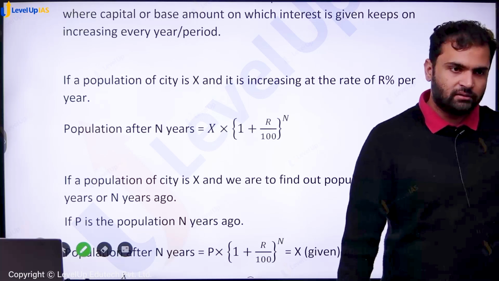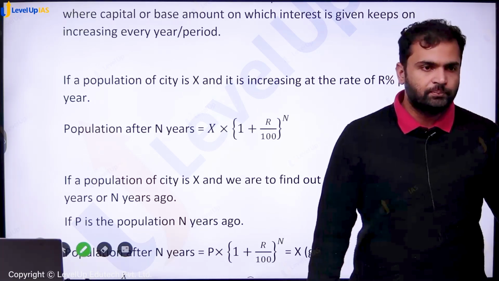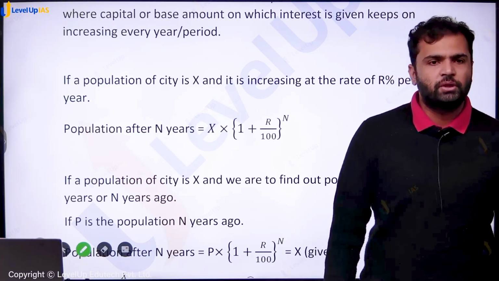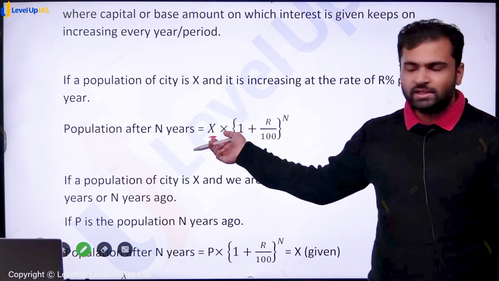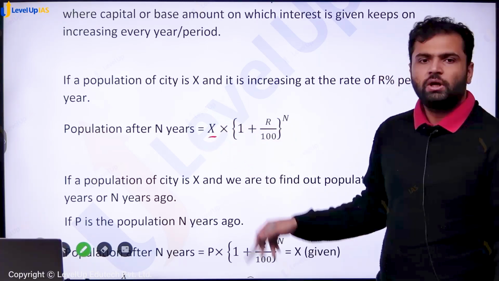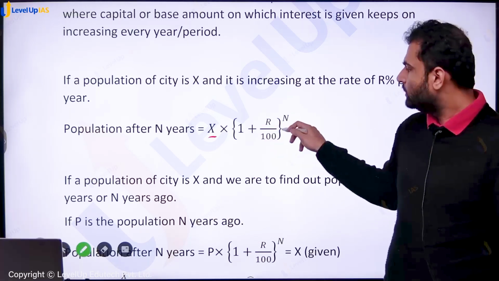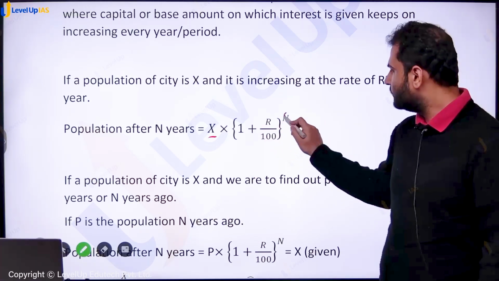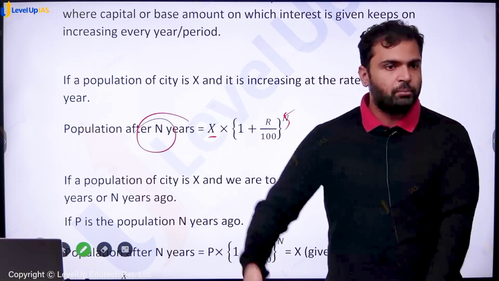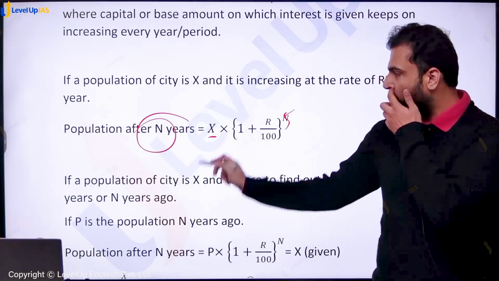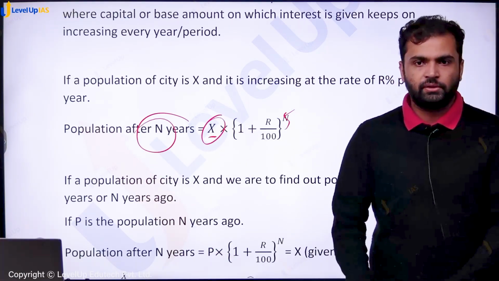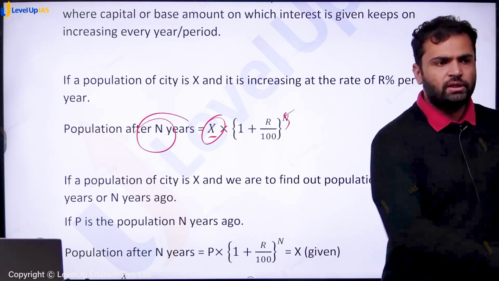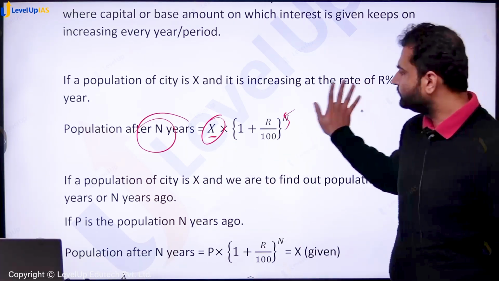We go to the past, let us say 5 years ago, we assume that 5 years ago population was x, so we say x into 1 plus whatever rate of increase r by 100 raised to 5 is equal to given value, today's population, which is known. So the only unknown in this equation would be population 5 years ago. ठीक है? So you can go in the past or in the future as well.